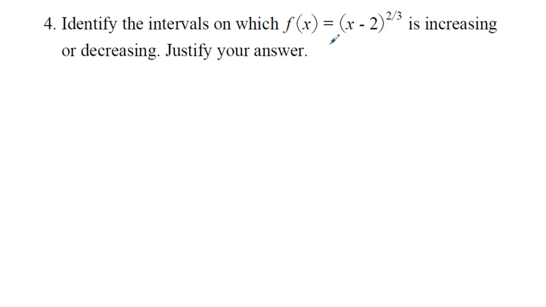Next, identify the intervals on which f of x equals quantity x minus 2 to the 2/3 power is increasing or decreasing. Justify your answer. So we're going to say, again, pre-justification. f of x is increasing on, and I'm going to leave a lot of room, because f prime of x is greater than 0.